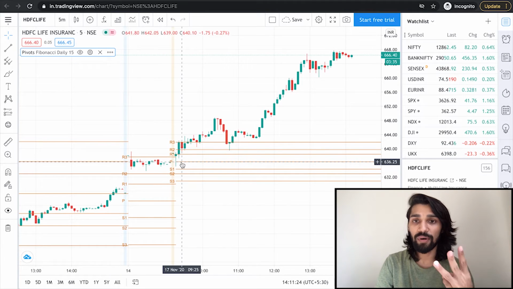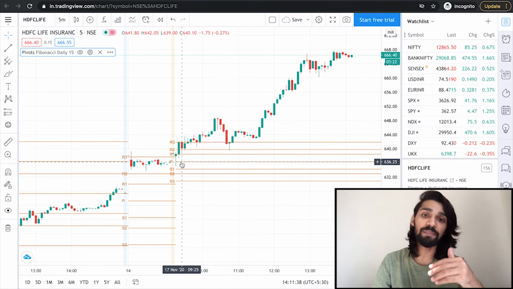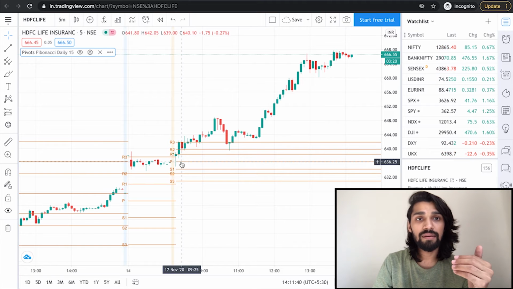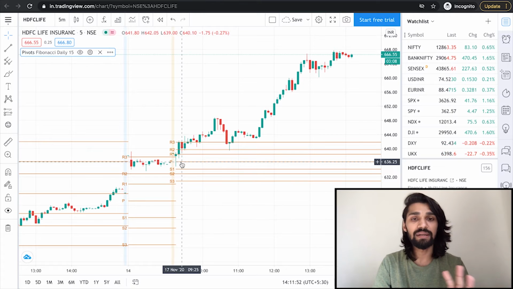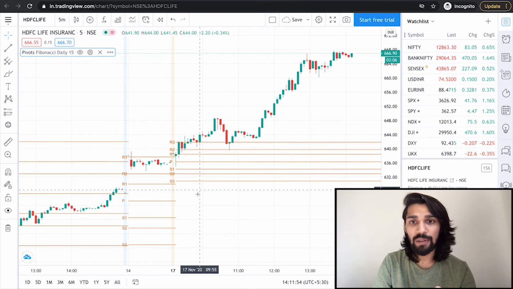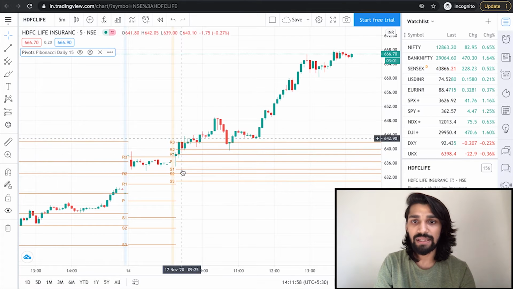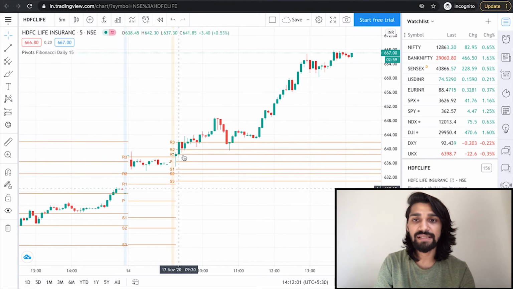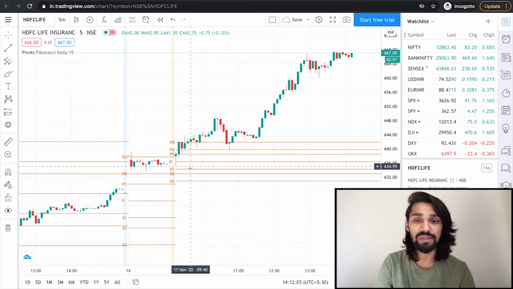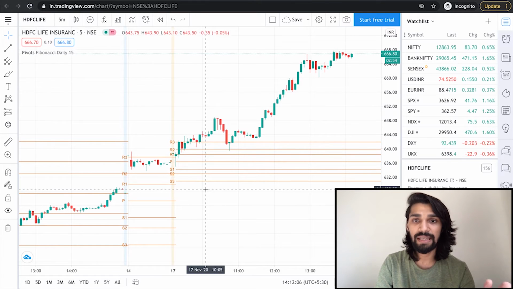Pivot considers three points: the high, the low, and the closing price of the candle of that particular day, and it creates a pivot point. If the candles are above that pivot point, then it is a bullish sentiment, and if it is below the pivot point, it is a bearish sentiment, right? And it also gives you points R1, R2, R3, S1, S2, S3, which basically stand for resistance 1, resistance 2, resistance 3, and support 1, support 2, support 3, right?